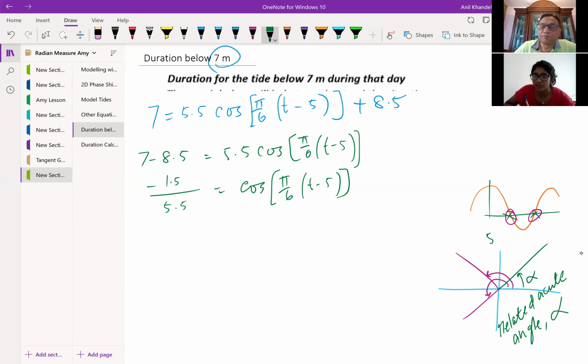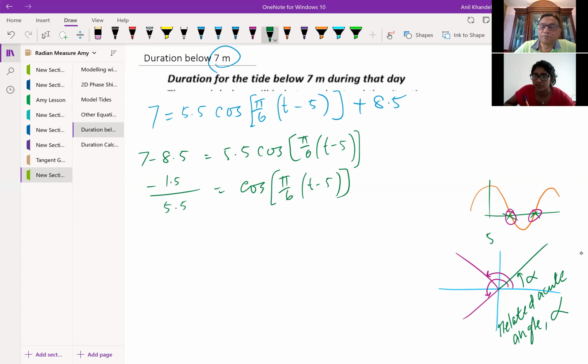8.53 and 13.48. Okay, we got these two times, right? So what we have to do is find the middle value. That portion has not been done.